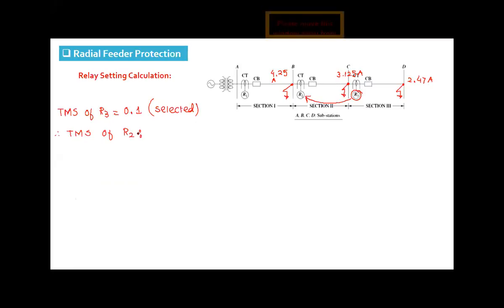For any fault current, the time of operation of R2 should always be more than R3 because R2 is a backup relay to R3. But when you find the TMS of R2, for which fault should you coordinate? For the fault for which R3 will operate fastest. R3 will operate fastest if the fault is at the start of the feeder, which is here 3.125.